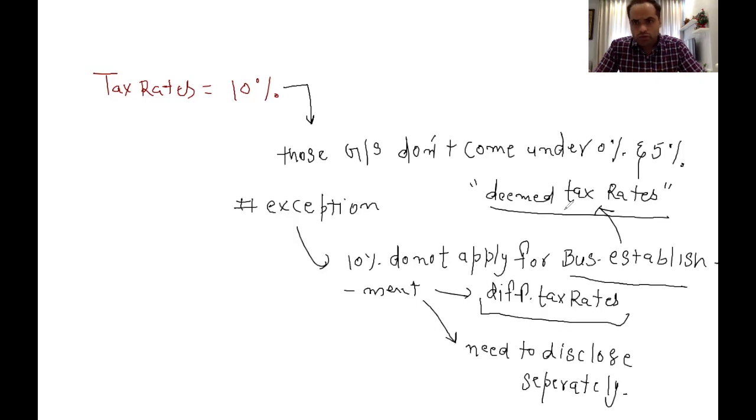Right. So we will look at these deemed tax rates in learning outcome 6. So that's all about the 10% tax rate, and that's all about learning outcome 5.